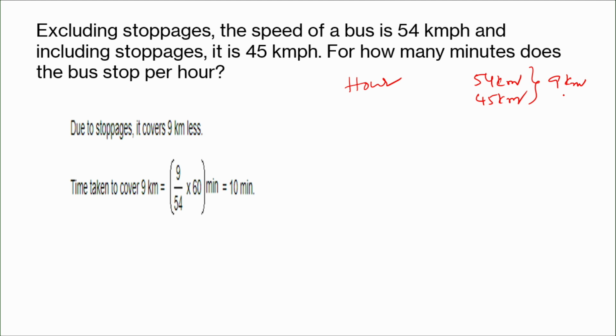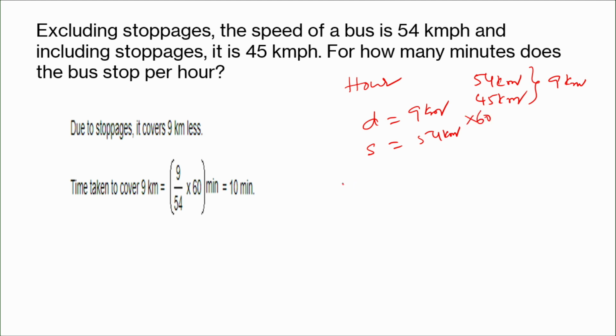Now you have to find per hour. The distance is 9 kilometers and the speed is 54 kilometers. If you want to say in minutes, you have to multiply with 60.